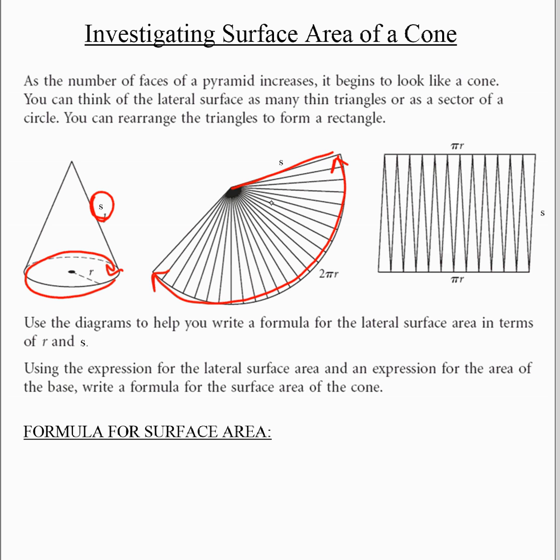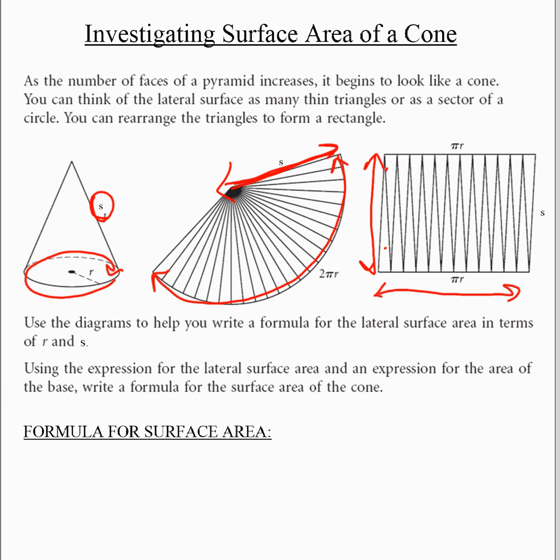When I cut these up, it takes two triangles to make one little rectangle, so the distance across is no longer 2 pi r, but is 1 pi r, because it took me two triangles. But the radius is still the slant height, so the height of my rectangle is still the slant height.